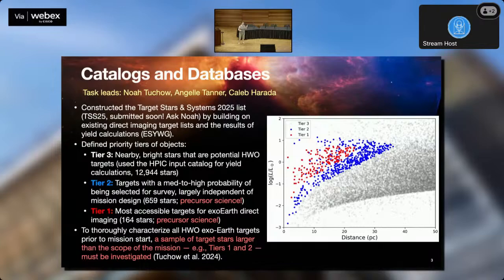Tier 2 actually has about 500 total stars in it. Then tier 1 has 164 stars. This is based on the XEP list put together by Eric Mamajek and Carl Stapelfeldt. This is basically the best of the best. It's the brightest. We have all the information for it. We know it as well as can be done. But with that being said, when people go forward, putting together proposals, we should not just be going for tier 1 targets.